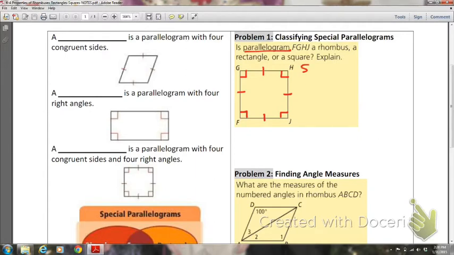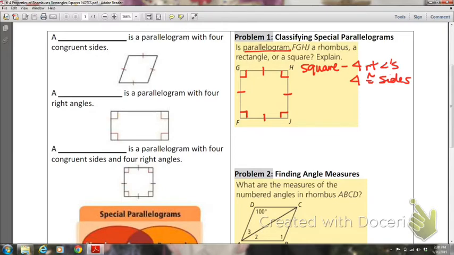So we know that it's a square because of the four right angles by the same side interior, and then we know that it has four congruent sides, since the opposite sides are congruent. It's not just a square, however.